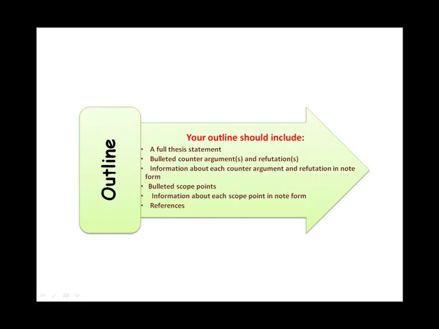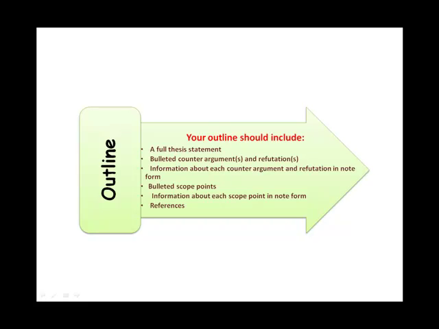Now you'll have done a lot of reading, and the next step is to produce an outline, and your outline should include a full thesis statement. This will actually be part of the introduction in the final essay. And then the body won't be sentences yet. Firstly, you'll need to identify your counter-argument and the refutation, just in bullet points.